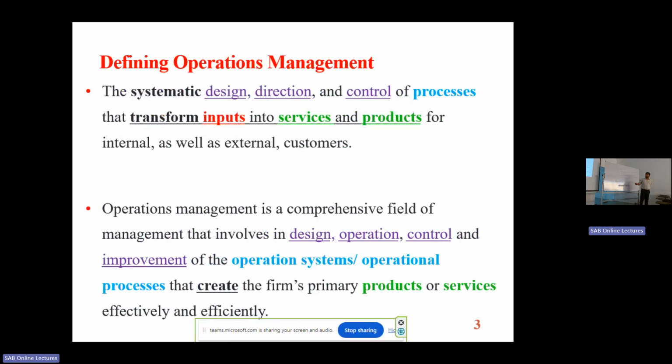So in addition to design, they are also responsible for operating the operation system and controlling it, and also making improvements. Can you understand it? In this subject we study about processes, or what we call operation systems.